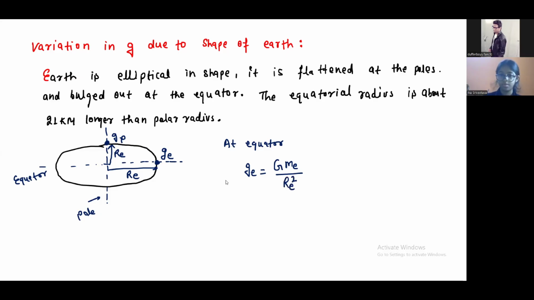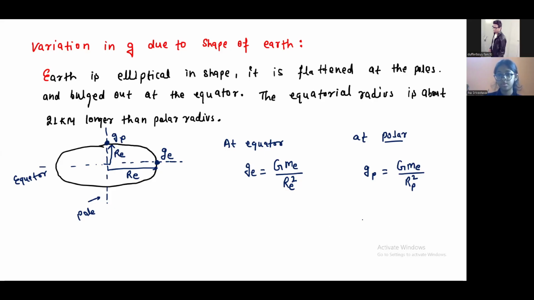Okay, when we write the value at the pole, the polar axis, we know that the value of GP is equal to G into mass of earth upon RP square. I have already told you capital G is never changed.